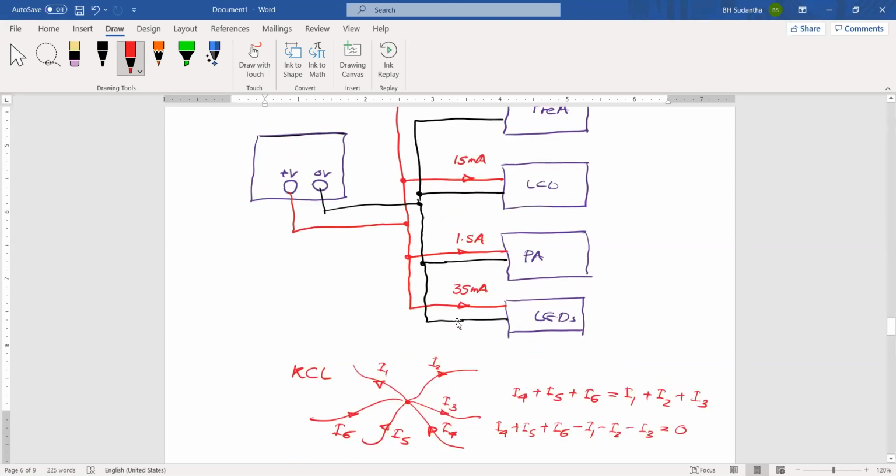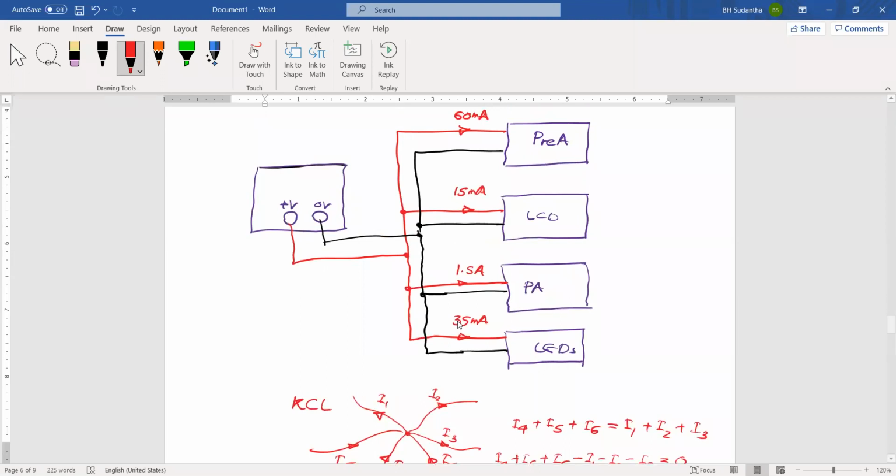Okay, then here to find the total current, you can add 60 milliampere, 15 milliampere, this 1.5 ampere, actually it's 1500 milliamperes, and 35 milliamperes. You can add all four currents together. Then in milliamperes, it's 75, 80, 110, it's 610.